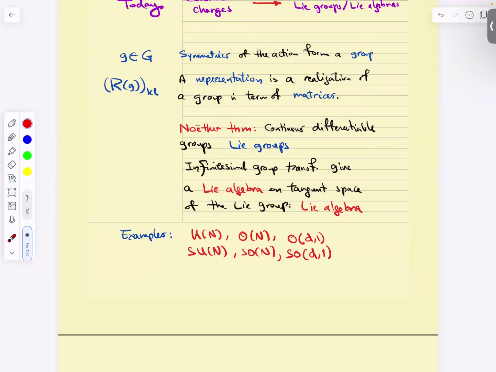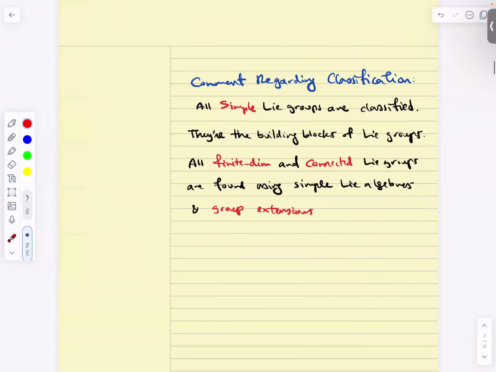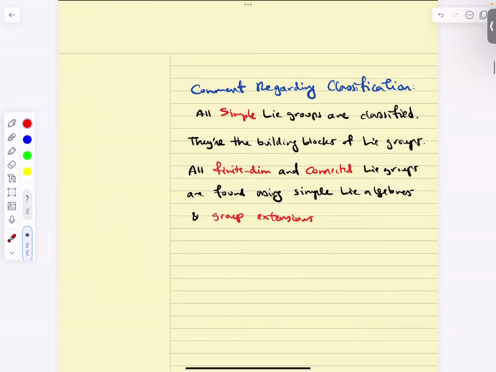And you already saw a case where you had a Lie group with two disconnected parts, right? What was the example of two disconnected things? O(N), right? Because O(N) transformations cannot flip this. There are two parts, a part where the determinant is +1 and a part where the determinant is -1, and you cannot continuously transform between them. This is a super important example. It has dramatic physics consequences.